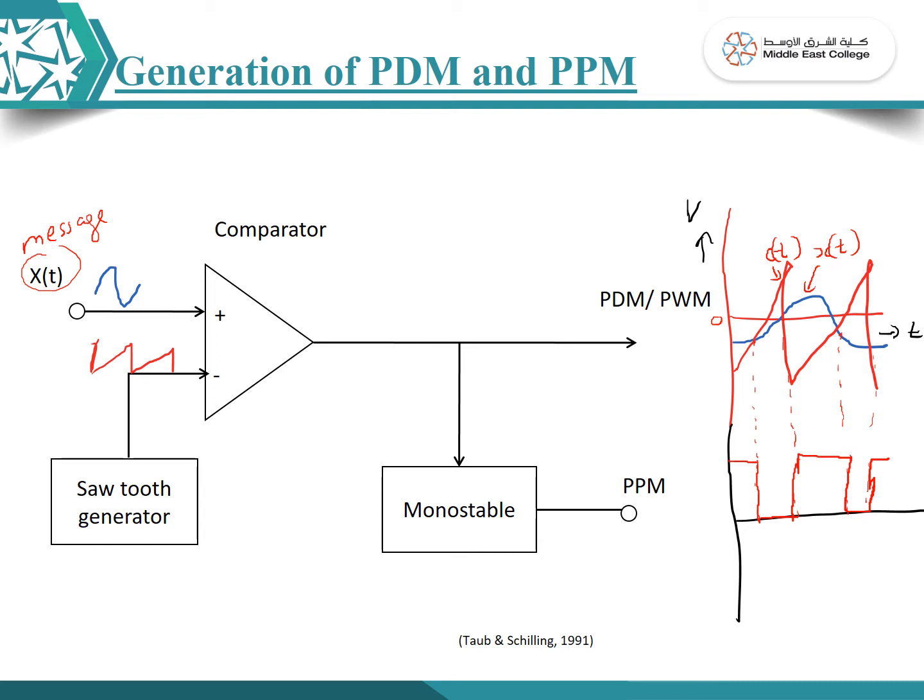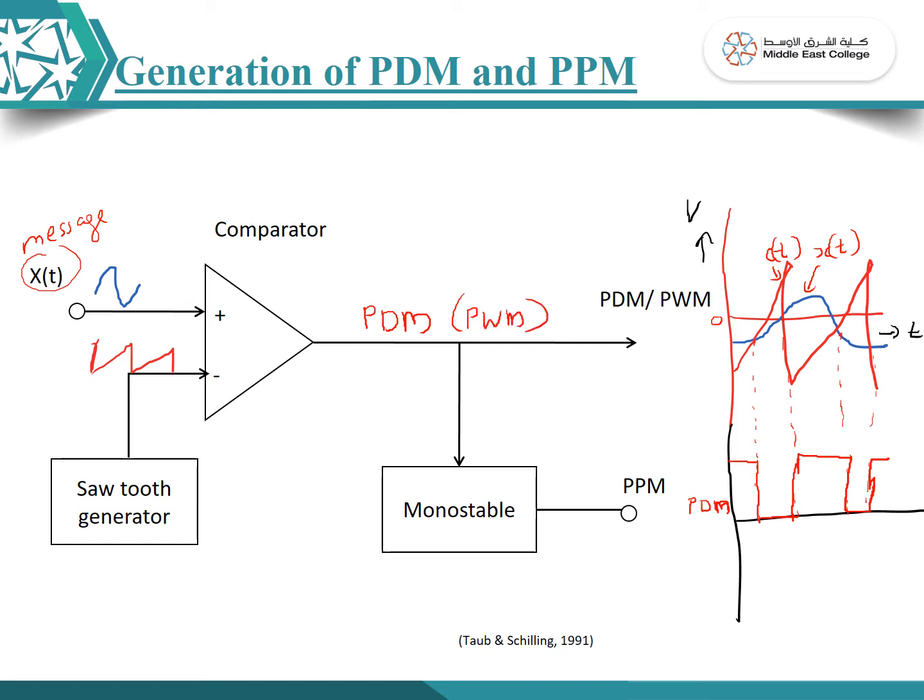This width and this width are not the same because the amplitude of the message signal is different. So this will be the pulse width modulation. That means the output of the comparator that you are getting is pulse width modulation, or PWM.